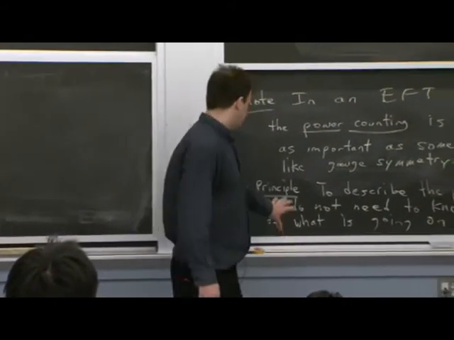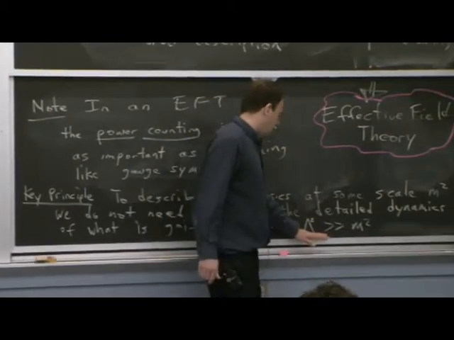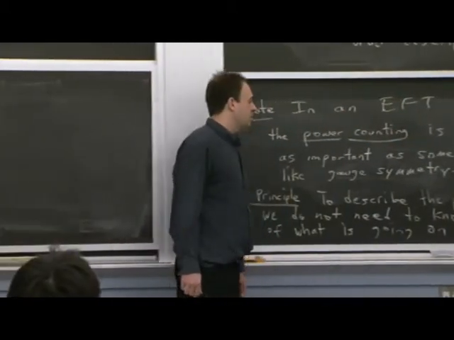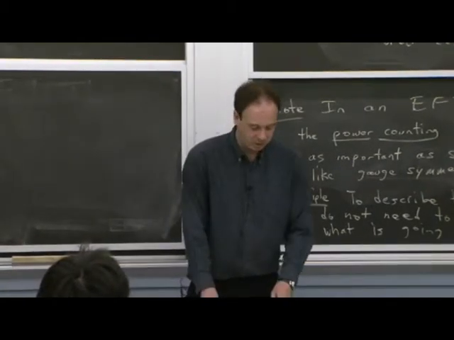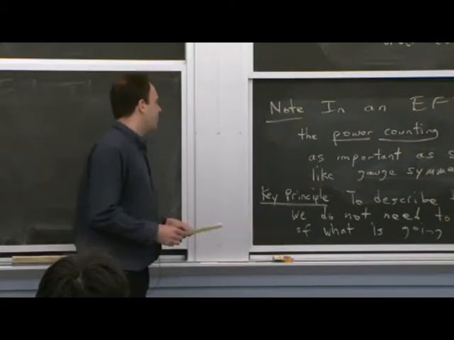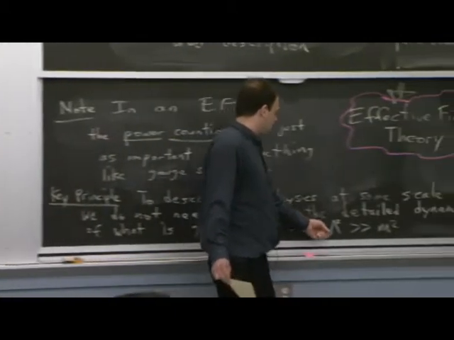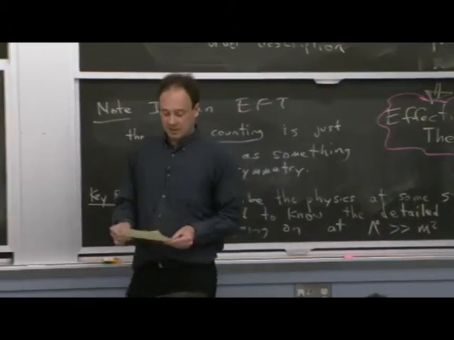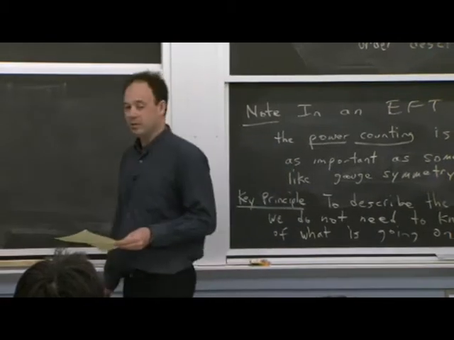In that sense, this is more general. That it's really not just a strictly one-dimensional thing as it would be if I describe it in terms of mass scales, but a more general principle. And I think that'll become clearer when we actually do examples where it's not simply mass scales. We'll, of course, start out by talking about mass scales, since that's the classic thing that most people think of when they think of effective field theory.